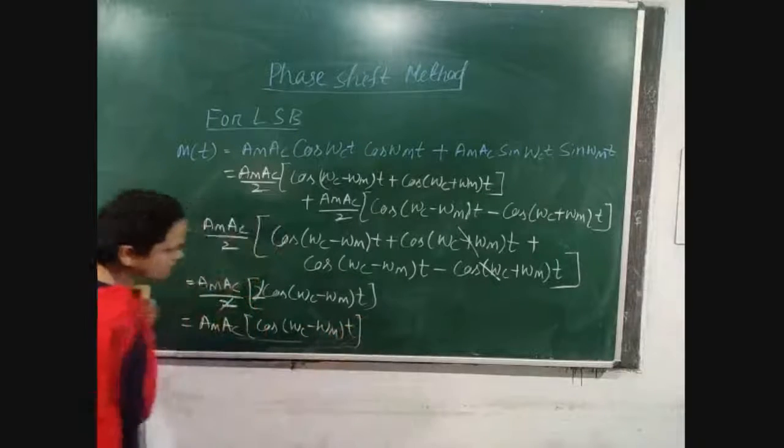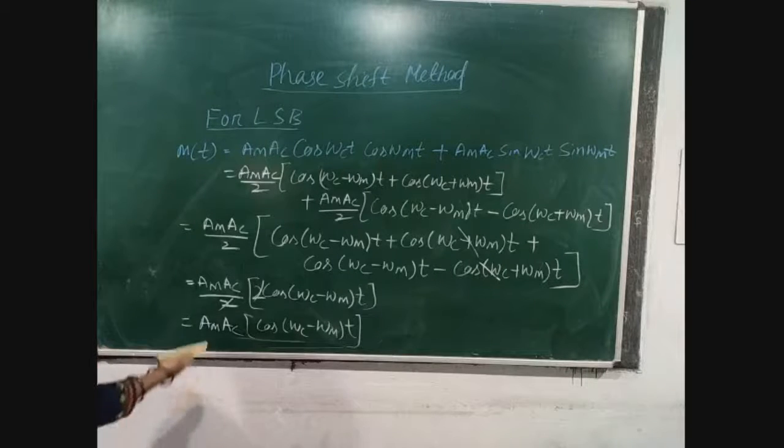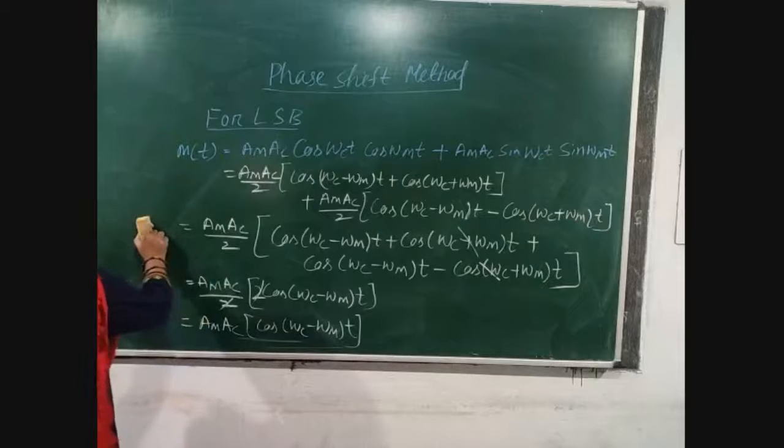As we know, ωc − ωm is the lower sideband frequency. So by adding the two outputs of the balanced modulators, we get only the lower sideband at the output of the modulator.